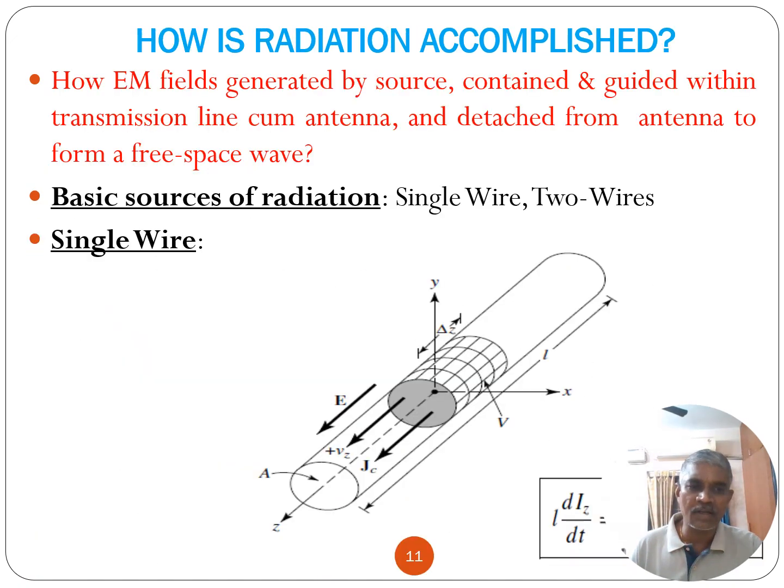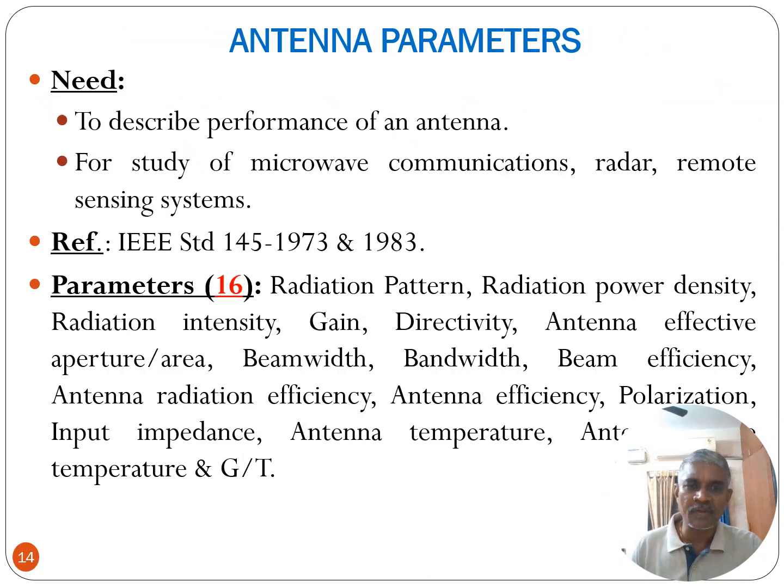Now we come to the important thing out of the different classifications of antenna. We'll take that one. Why do we need the antenna parameters? Because that is very much needed to utilize any antenna. More precisely, if we are taking an antenna for one specific application, how do you know it's going to perform well in that particular application at the respective frequency?